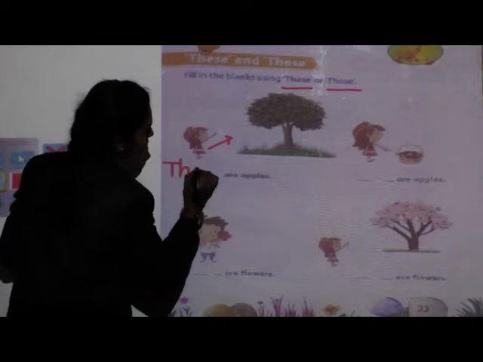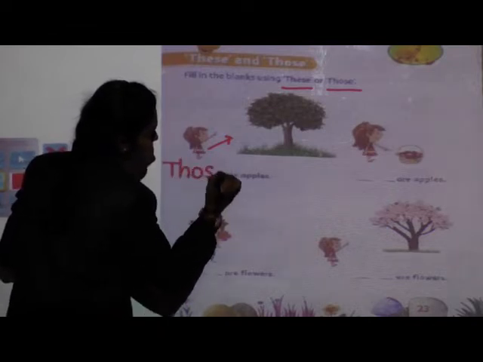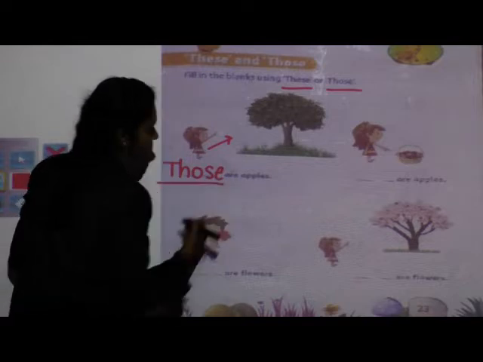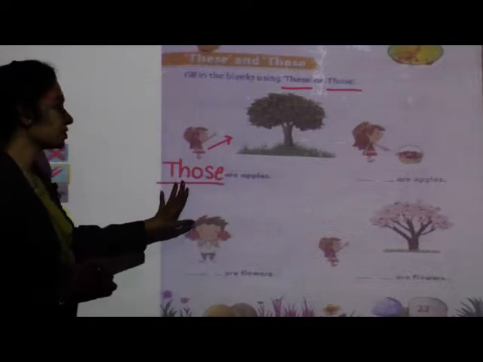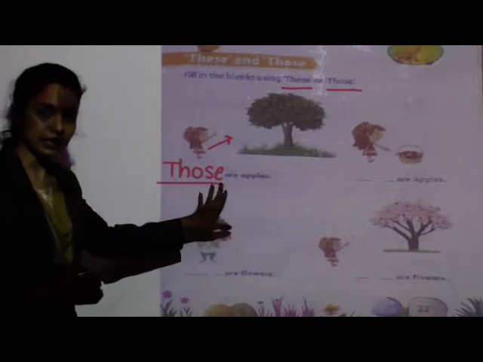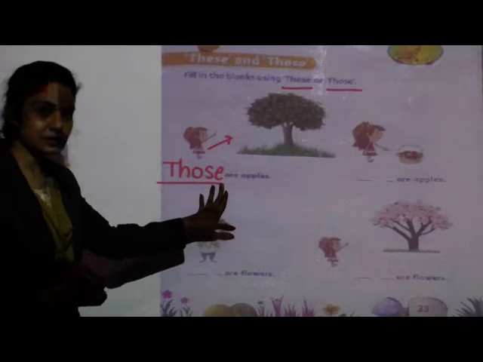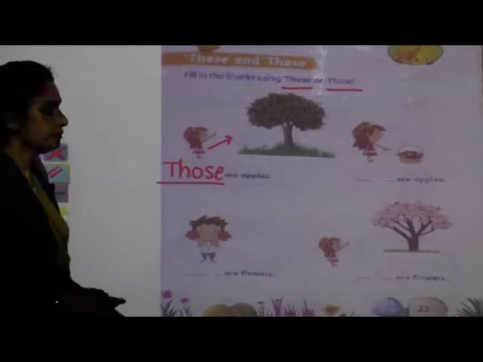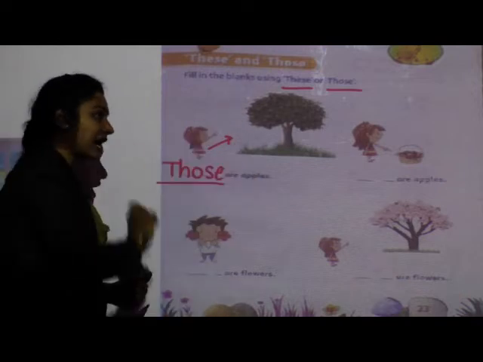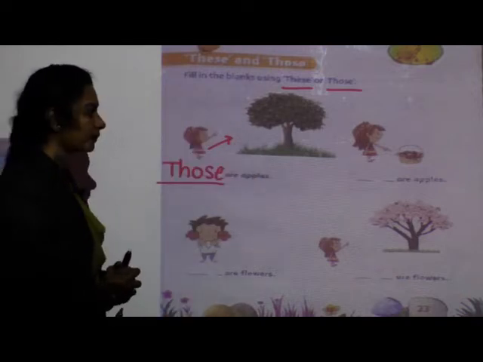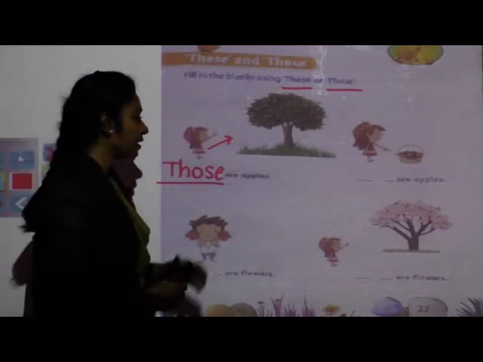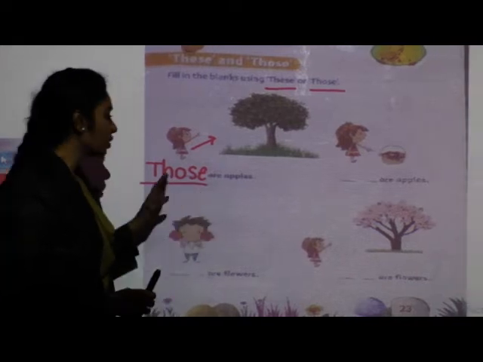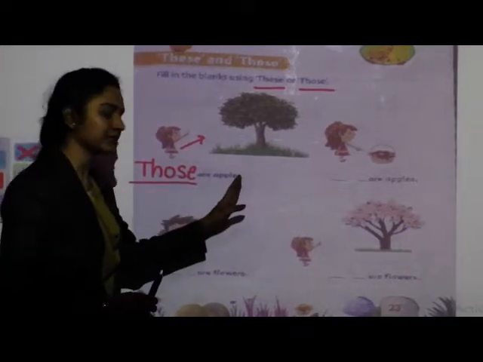Those. Those are apples. What is she saying? Those are apples. Okay? Those, repeat after teacher. Those are apples.